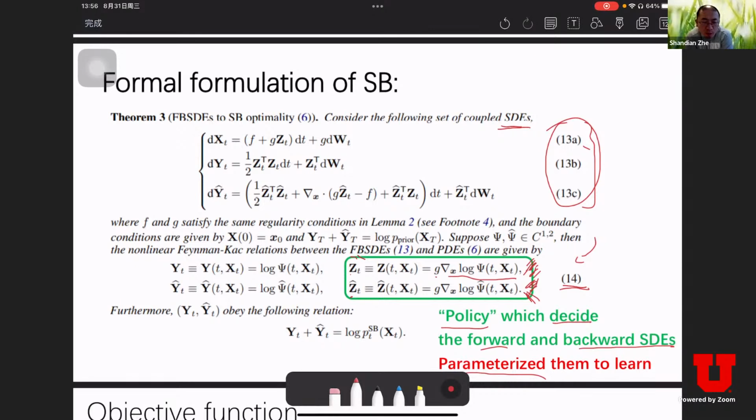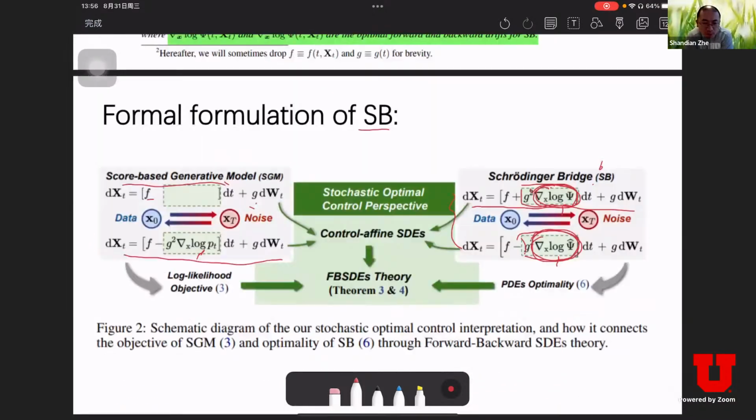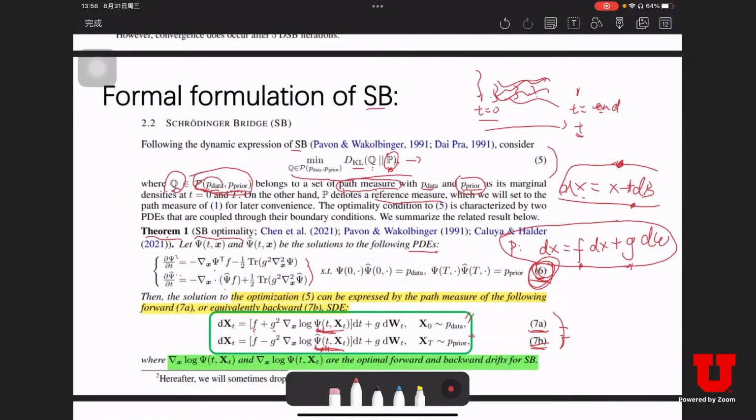Do you parameterize F? No, F and G are given by the reference measure, or reference SDE, we want to use in the definition of the Schrodinger bridge. So F and G are given. We only want to parameterize these things.